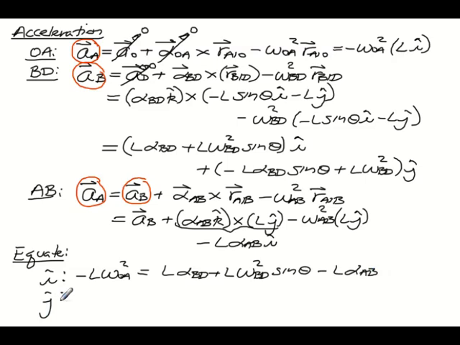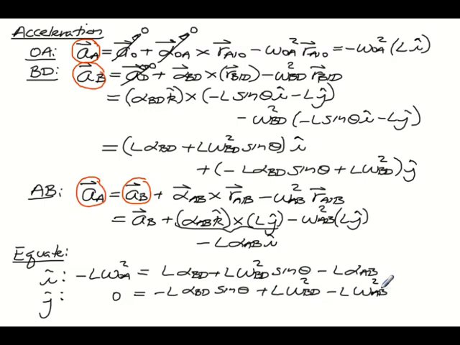For j, nothing on the left-hand side. On the right-hand side, I have, for BD, a minus L alpha BD sine theta plus L omega BD squared. And then I have a term here of minus L omega AB squared.